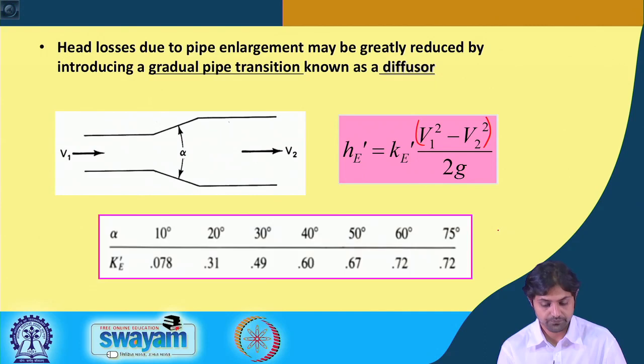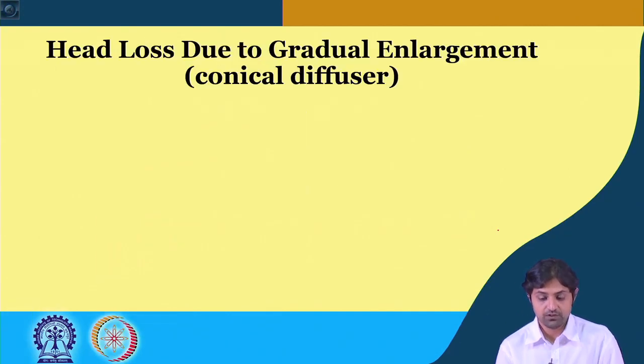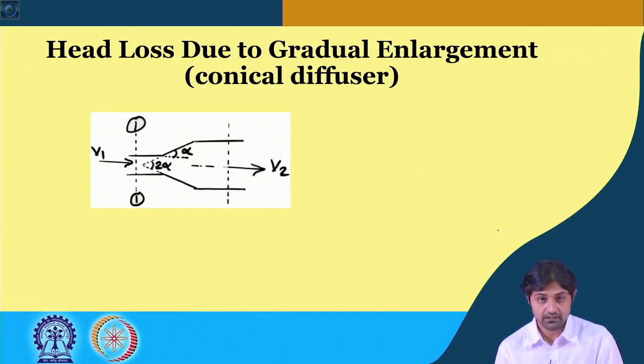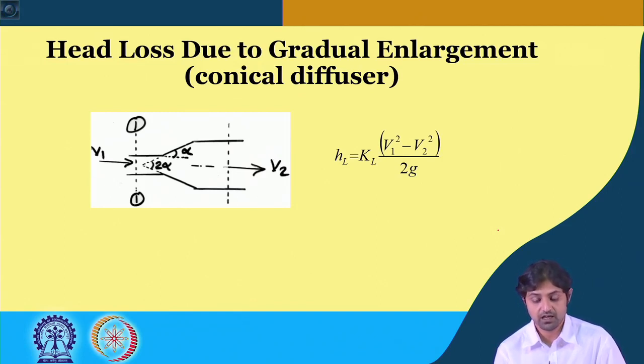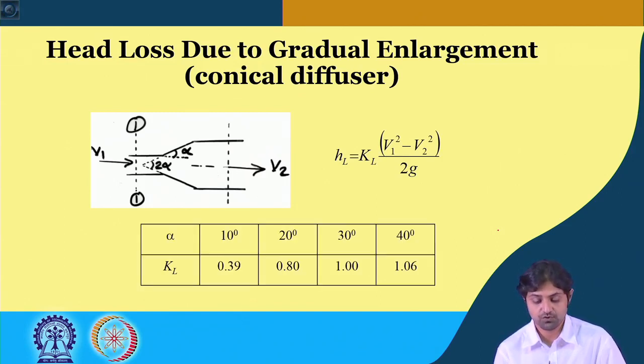Now, head loss due to gradual enlargement, again the same thing as we had in contraction, conical diffusers. In this also HL is given as KL into V1 square minus V2 square by 2G, where many experiments have been done and you will find a different value of KL based on different alpha, and more or less every value would be similar.